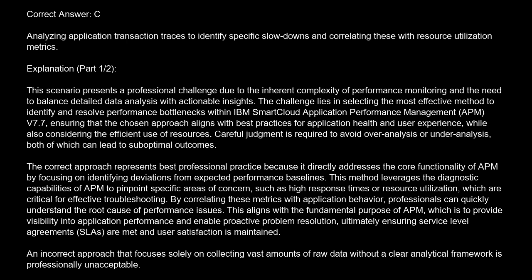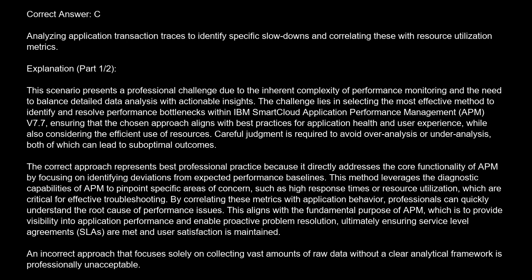The correct approach represents best professional practice because it directly addresses the core functionality of APM by focusing on identifying deviations from expected performance baselines. This method leverages the diagnostic capabilities of APM to pinpoint specific areas of concern, such as high response times or resource utilization, which are critical for effective troubleshooting.